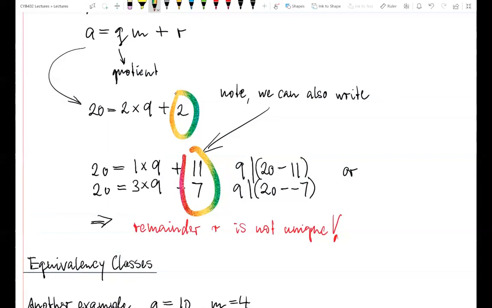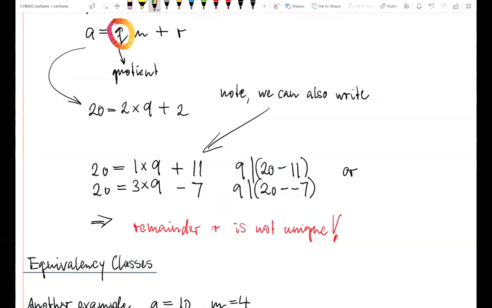So 20 is congruent to 2, obviously. 20 is congruent to 7. 20 is congruent to 11. 20 is congruent to -7. And whatever the choice for Q is, we get different remainders. So the remainder R is not unique.